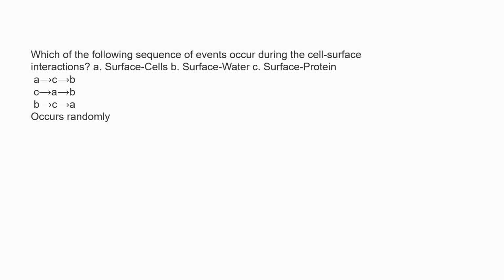Here is the first question. Which of the following sequence of events occur during the cell surface interactions? A. Surface cells, B. Surface water, C. Surface protein. And the options are A, then C, then B; C, then A, then B; B, then C, then A; or it occurs randomly.